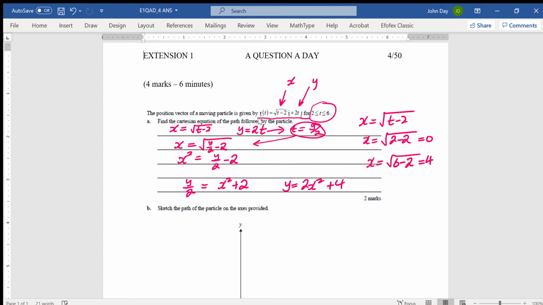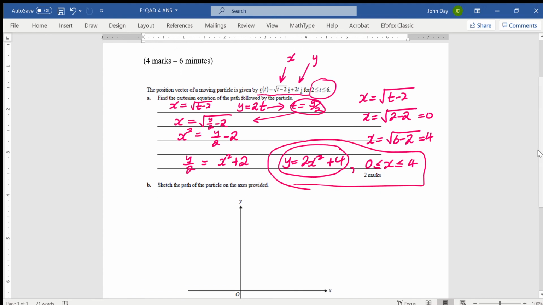That's 4. So x is going in between or equal to 0 and 4 for this. But I imagine you'll get away with just writing that. But better would be to have the condition on it that's happening in the situation.